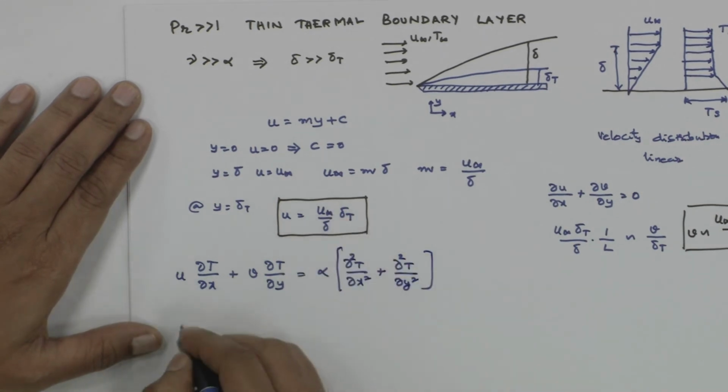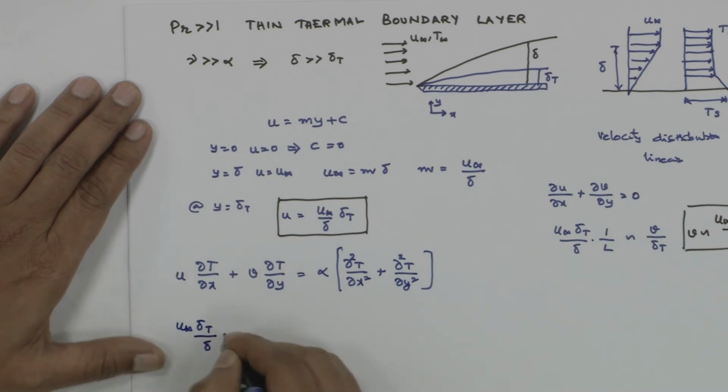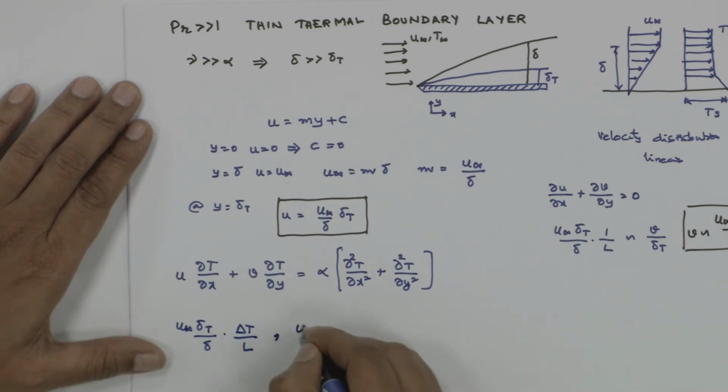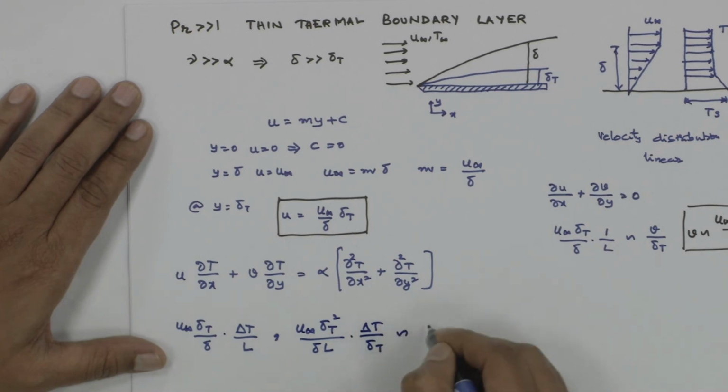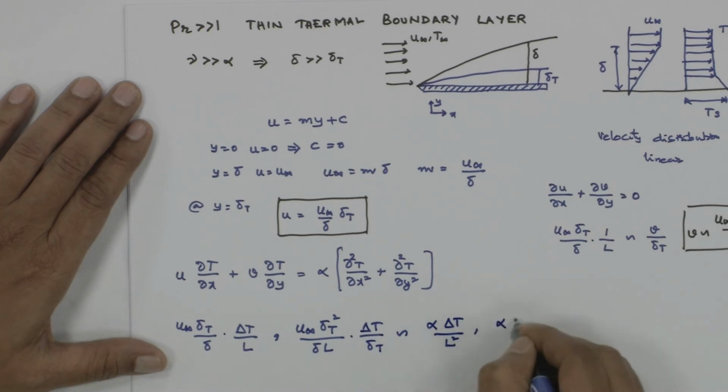It is u infinity delta t by delta into delta t by L, x scales to L, comma, v is u infinity delta t squared upon delta L into delta t upon delta t is of the order of alpha delta t upon L squared, comma, alpha delta t by delta t squared.